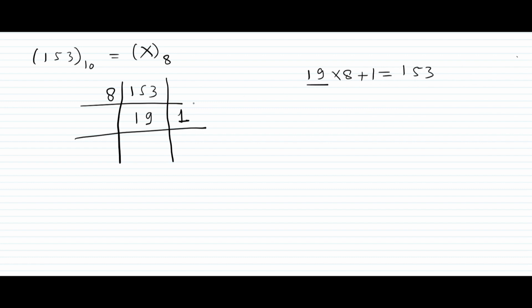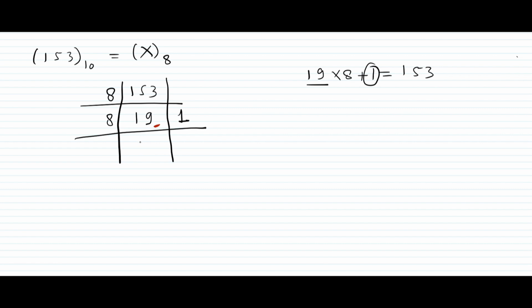So this is the quotient I write here, and this plus 1 is the remainder. Now this is the quotient, so I will divide this quotient again by base R.